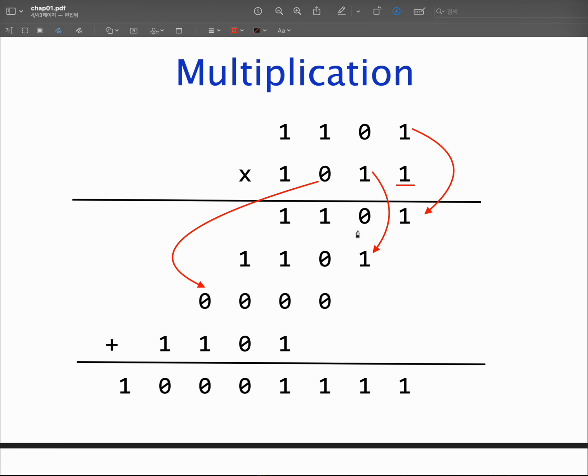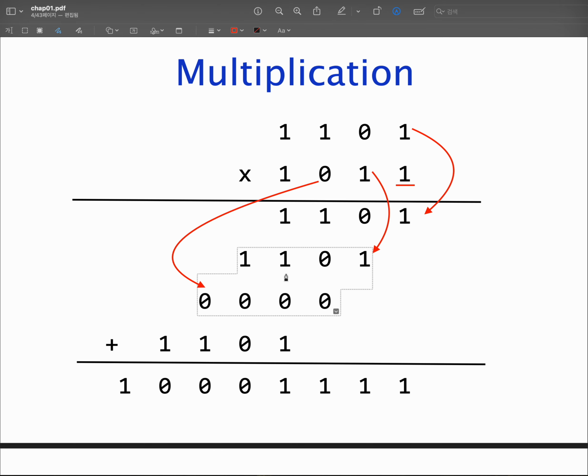In a computer CPU, when the CPU needs to multiply two numbers, it has the two numbers in binary digits. Then it uses this kind of method: just write down the number directly when the digit is 1, with the proper alignment, and write nothing when the digit is 0.